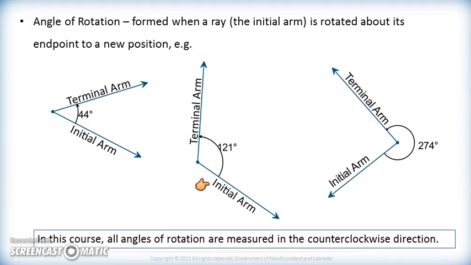Likewise, this initial arm has been rotated counterclockwise 121 degrees, and here is one rotating 274 degrees. In this course, it's important to note that all of our angles of rotation will be measured in the counterclockwise direction. Clockwise direction will be left for Mathematics 3200.